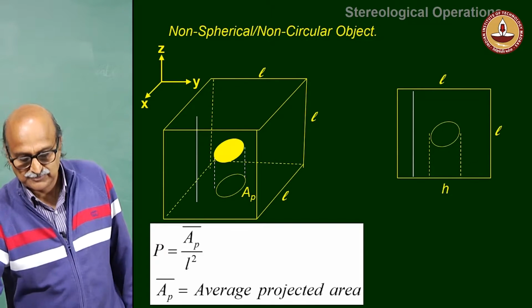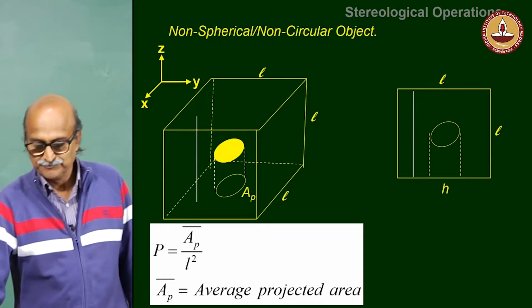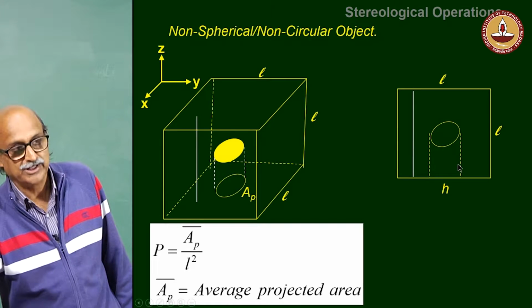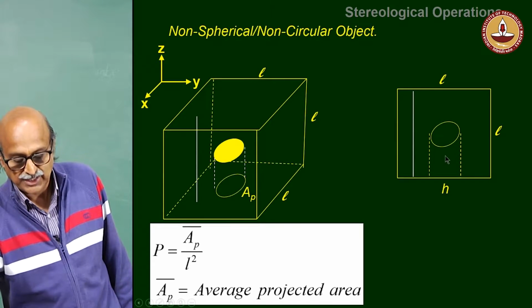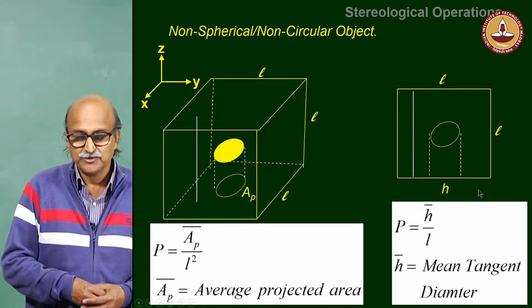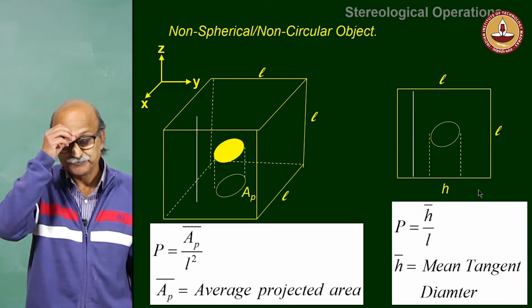A similar idea extends to 2 dimensions. I have a tangent diameter again in 2 dimensions, again for a non-spherical object. I will need some kind of an average value of this diameter to obtain the probability as h bar upon L.